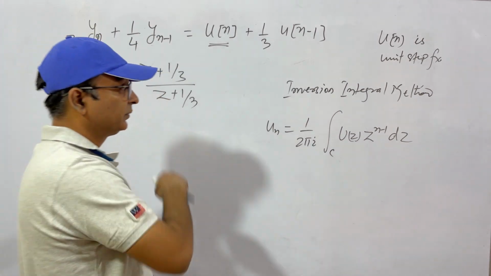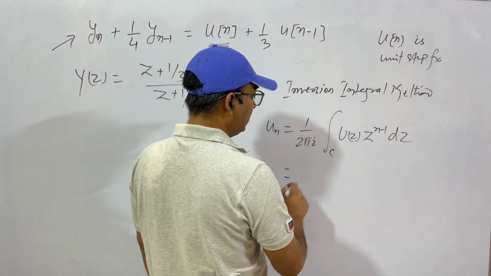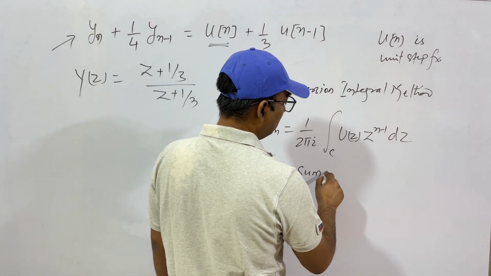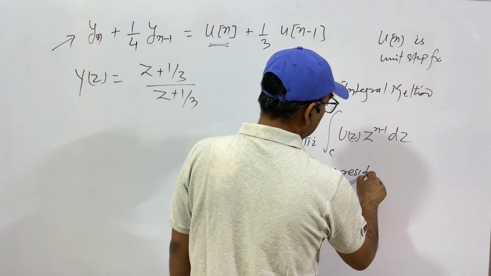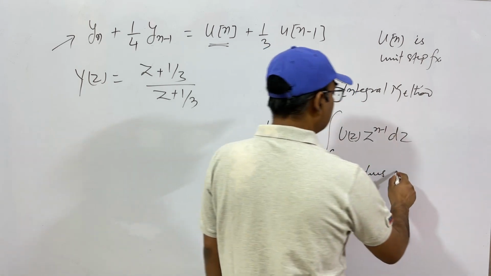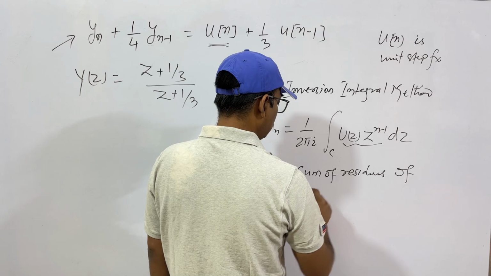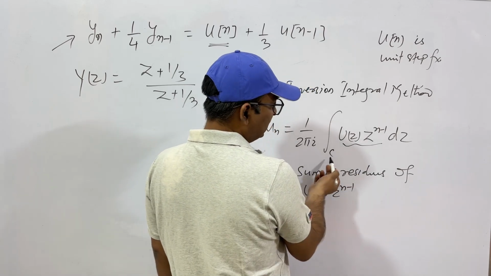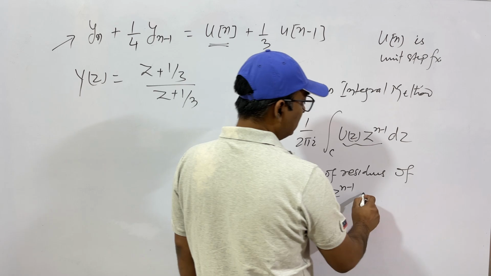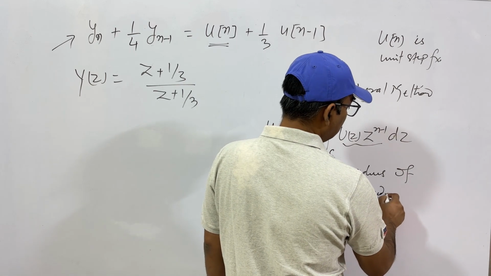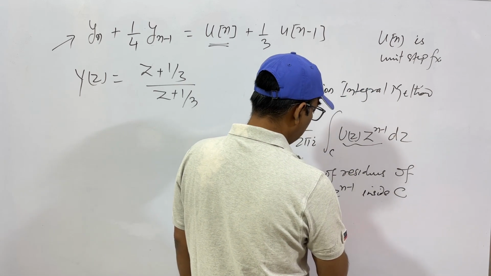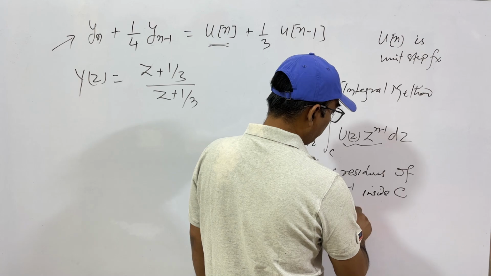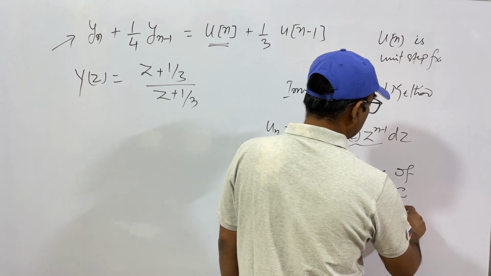In a closed contour, this is actually the sum of residues of U(z) times z^(n-1) inside this contour C at the poles of U(z).